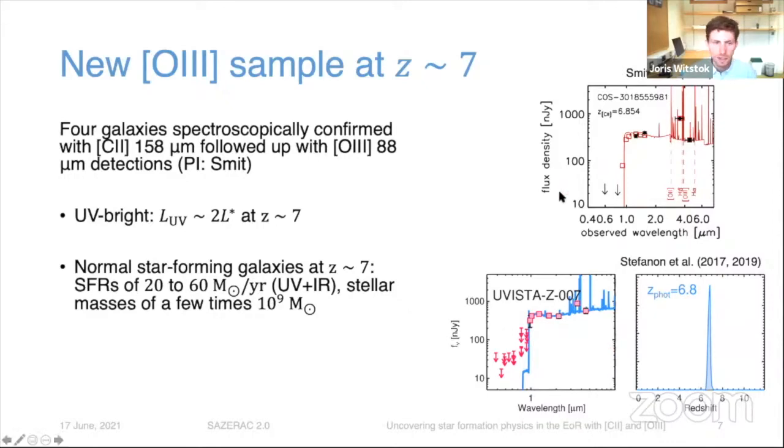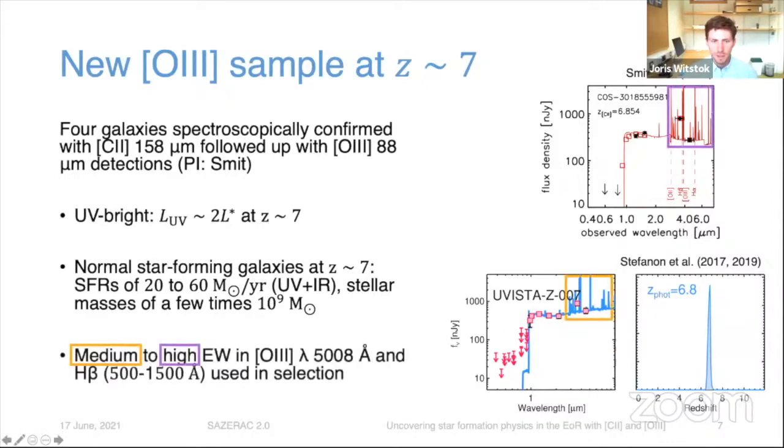I'd just like to briefly mention again that the selection technique involved using the medium to high equivalent widths in the rest frame optical, to allow the Spitzer photometry to really get a narrow constraint on the photometric redshift before scanning with ALMA.